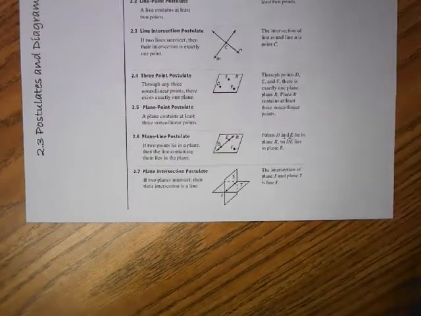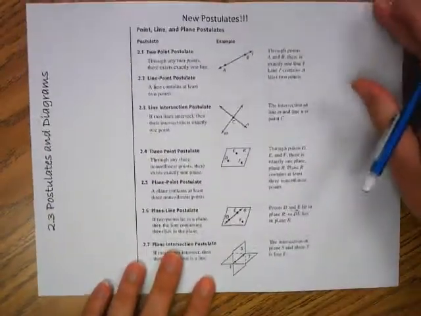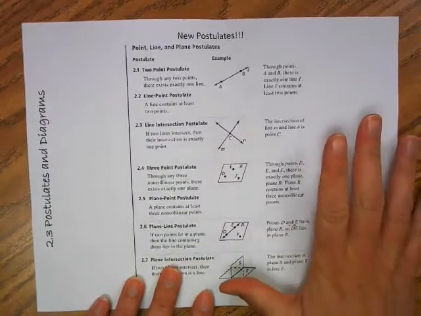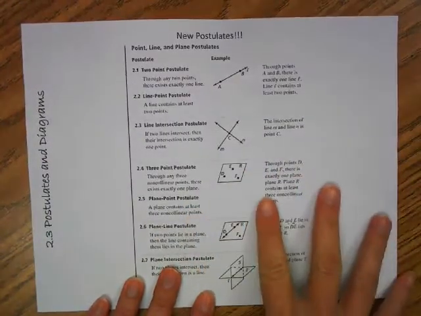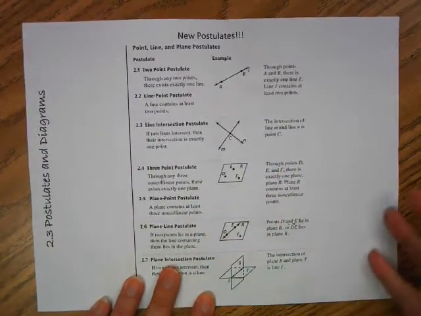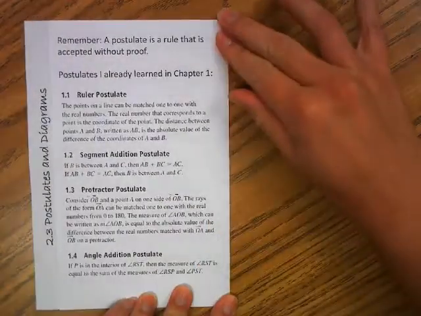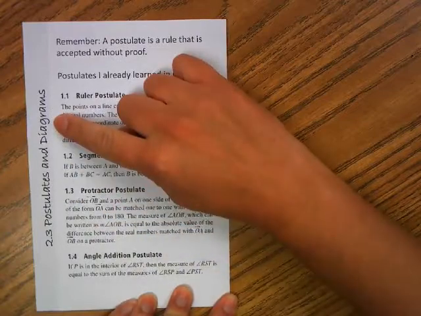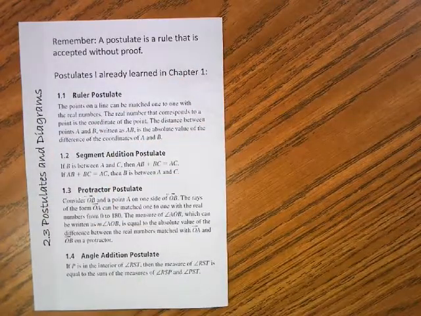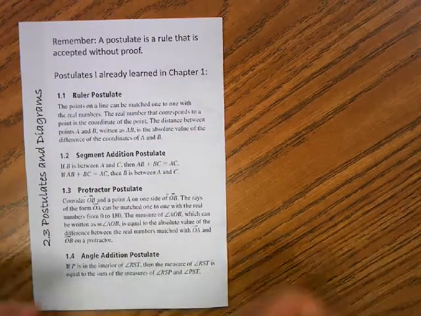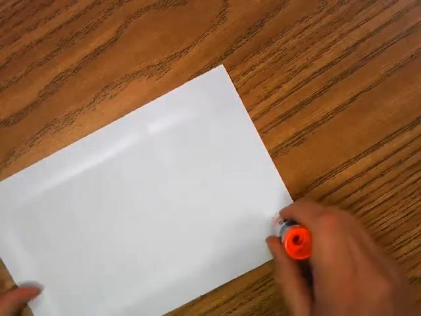So this particular page in your notebook does not require any writing. This is what you're going to use to do the examples on page 17. So what you could do now is just fold that page so that you can still see the title of this section, and then you can go ahead and glue that into your notebook.